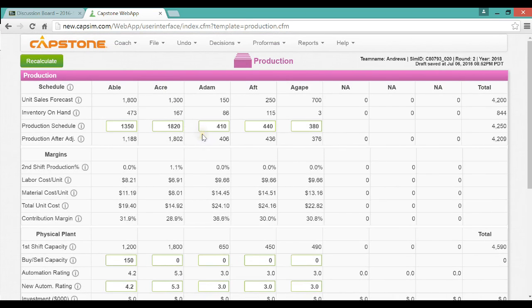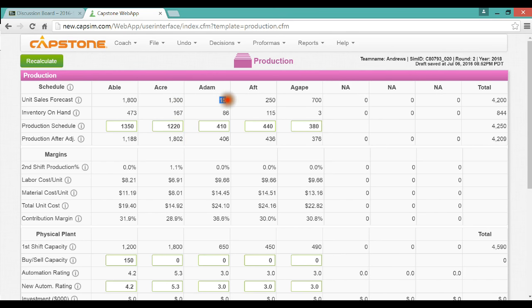For Acre, the production level is much higher than it needs to be because I'm only forecasting 1,300, yet I'm making 1,800, which would leave much too high inventory. So I want to decrease that, and maybe I'll decrease that to 1,220, and then anything that I sell over 1,300 hopefully can be accounted for by that inventory.